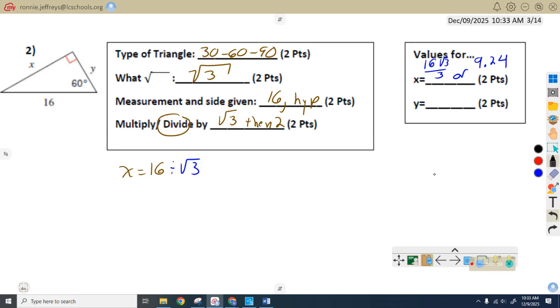Now, to find y, I take this, or my decimal, and divide by 2. So that gives me 8 root 3 over 3, or 4.62. Okay, so that's what we should have for number 2.